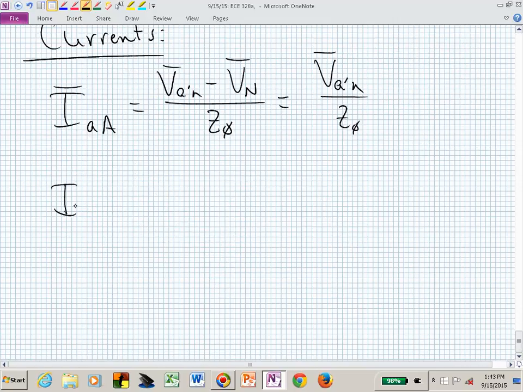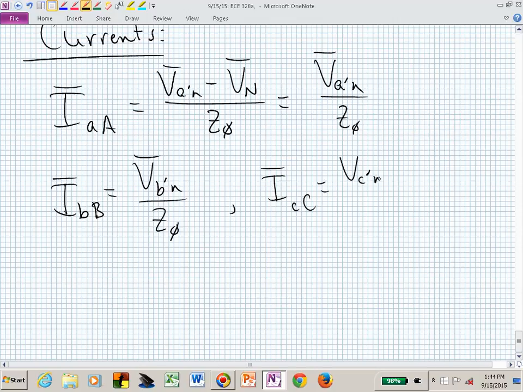What's I sub B B? Same structure, just a different phase, isn't it? It's now V sub B prime N over Z sub phi. And what is I sub little c big C? Same structure, it's now V sub C prime N over Z sub phi.